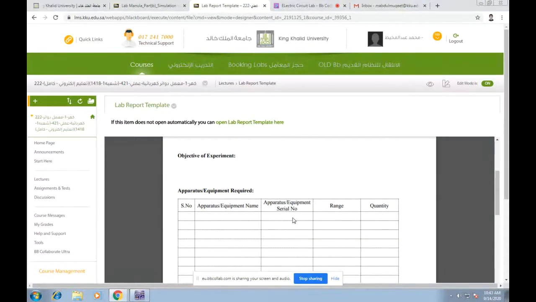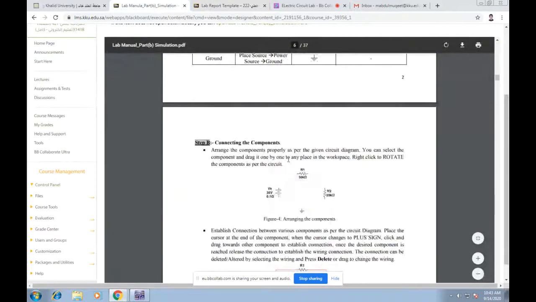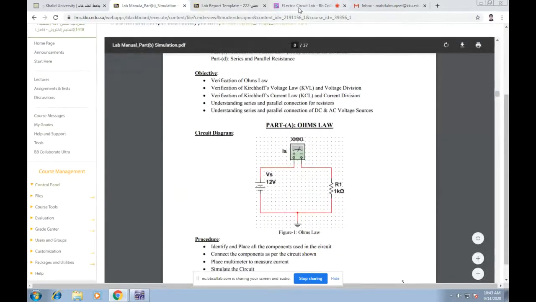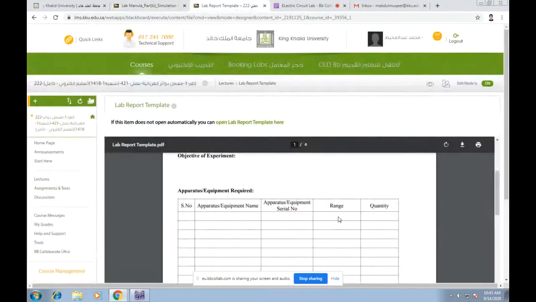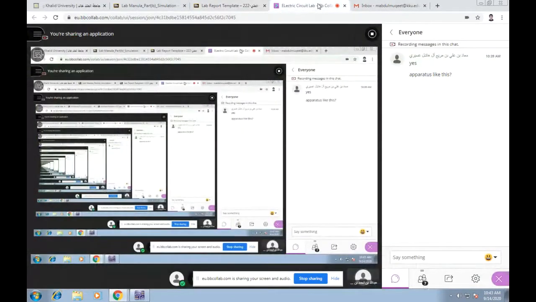There is no equipment serial number, so make it a dash. Next, what is the range? For Ohm's law, the value is 12, so write 12 here. And how many do you need? You need only one, so write one here, like this. Understand?